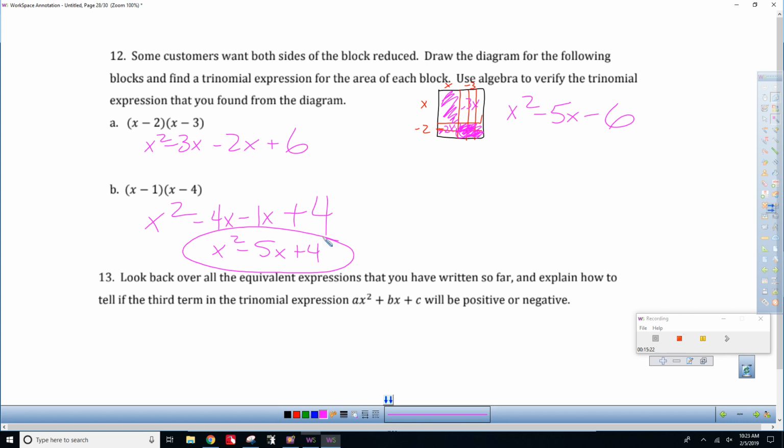Okay, so when will C be negative? When we add to one side, yes, and subtract from the other.